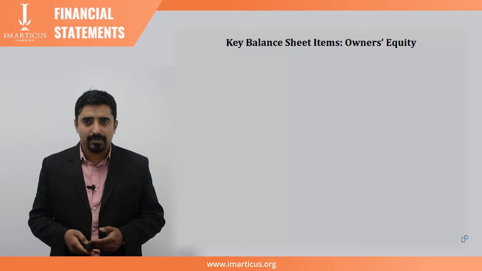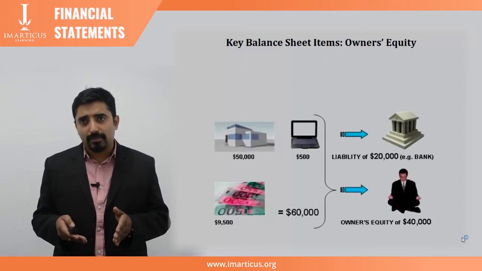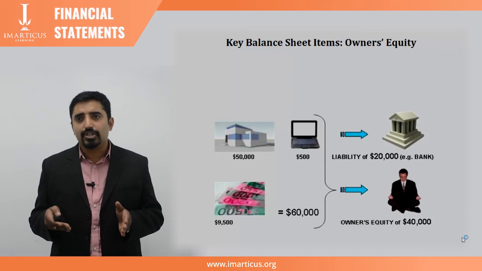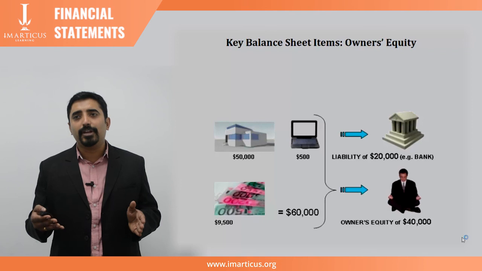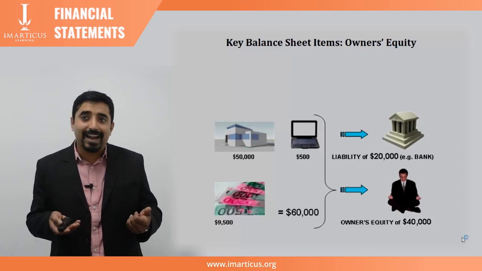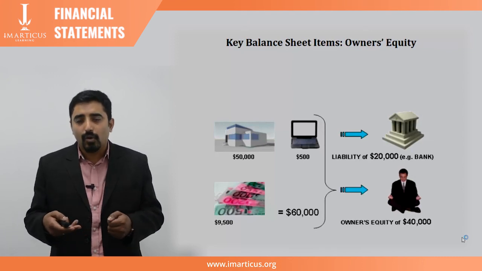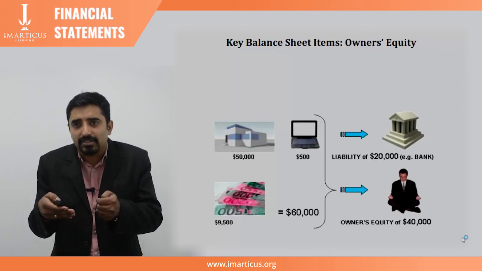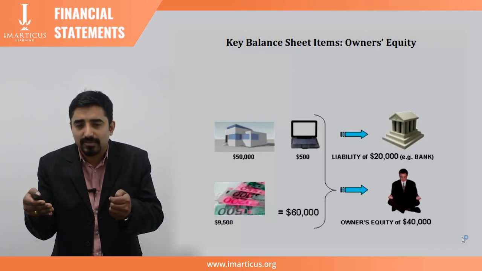Let's look at an example. Here, the total assets of the company is 60,000, which includes cash, property and machines. Let's say the company took a debt of 20,000 to purchase these assets, which means that liabilities of the company is 20,000. So assets of the company, that is cash, property and machines together, is 60,000.